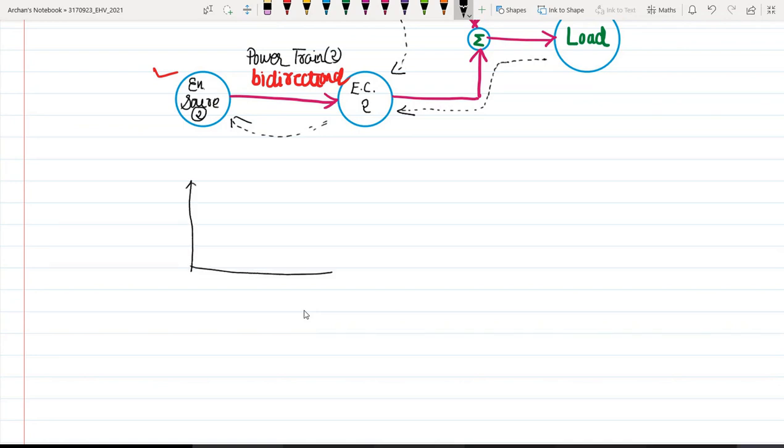I am going to draw graphs of time versus load power, time versus average power, and time versus dynamic power. This will be our reference line.